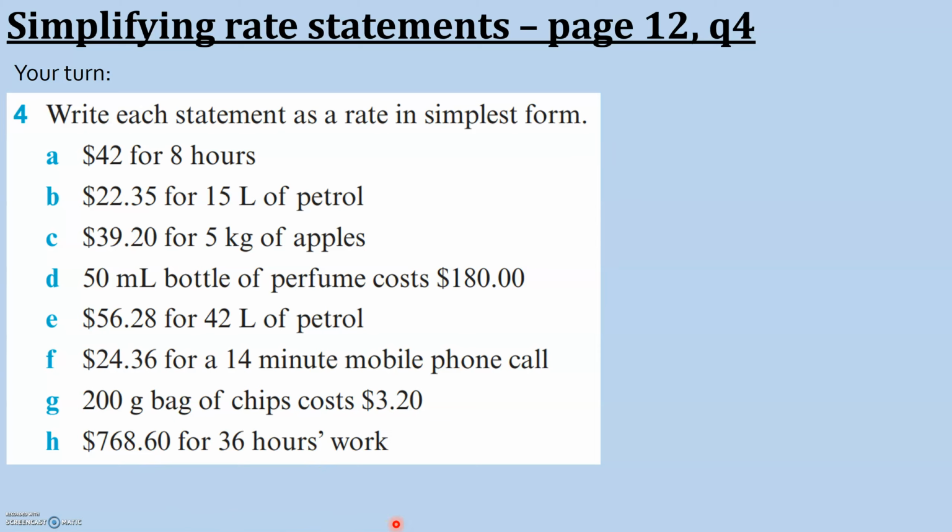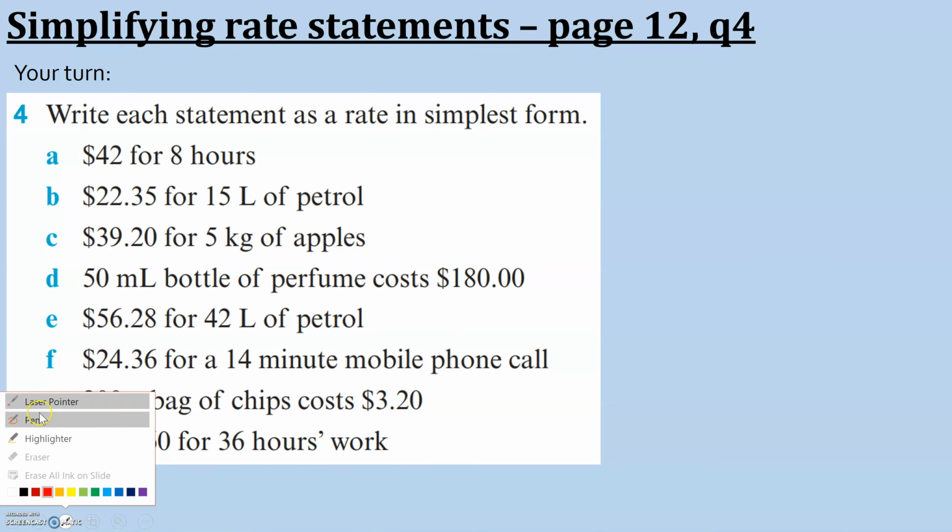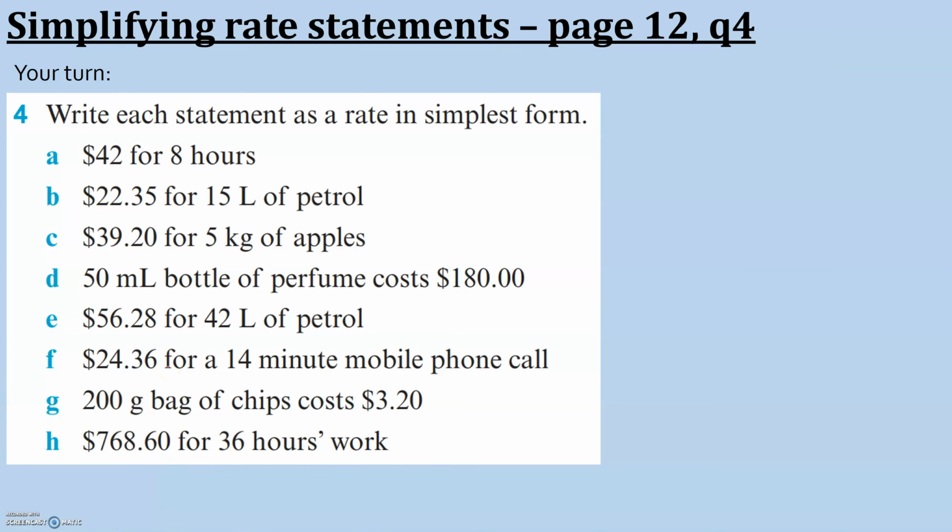So for this one here, if I can find my pen. All right, so for this one here, this is $42 in 8 hours. Now, that's not a proper rate because our second number here isn't 1. So what we're going to do is we're going to divide both of these numbers by 8.